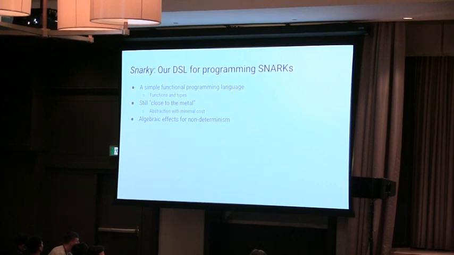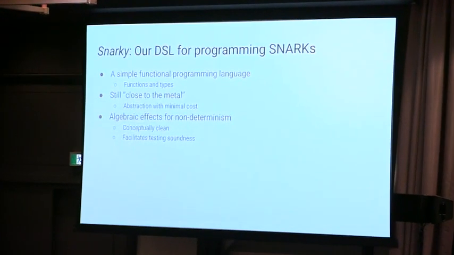Probably no one here knows what that means. OK, one person. Which I think is a conceptual way of modeling non-determinism. And also, this is really important, it makes it possible to test, at least empirically, the soundness of your SNARK. It makes it very easy to stuff junk witness data into the SNARK and see if your constraints still pass. Does it make sense?